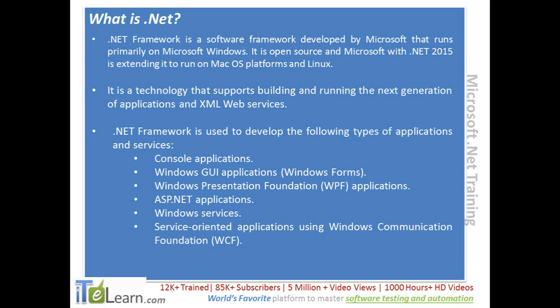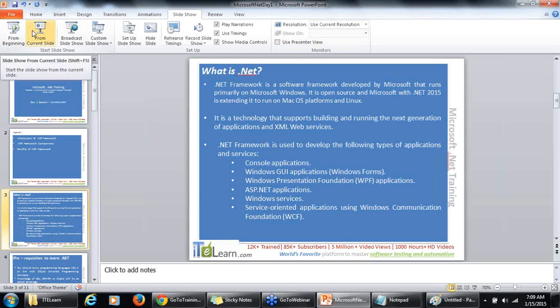And you can develop console-based applications, Windows-based applications, WPF applications, ASP.NET applications, Windows services, and service-oriented applications using Windows Communication Foundation. So these are the things that you can do with the .NET framework. All right.